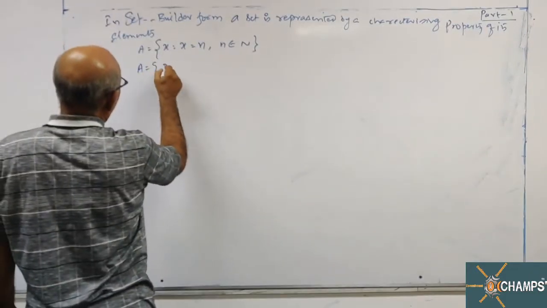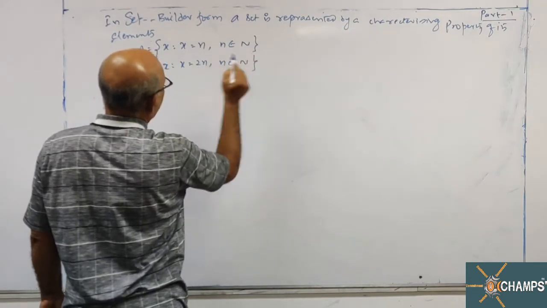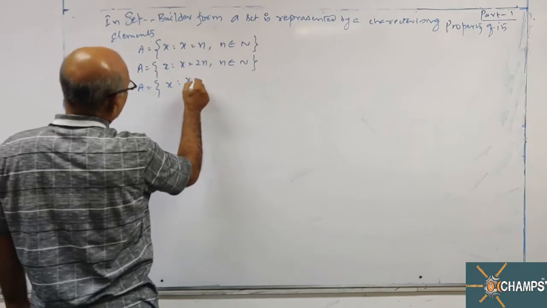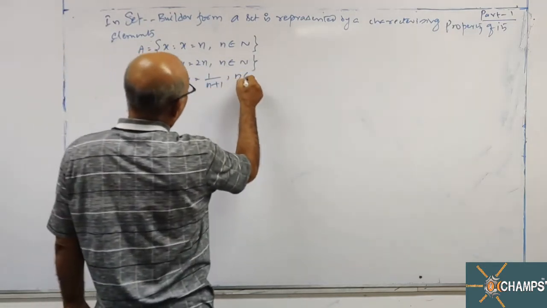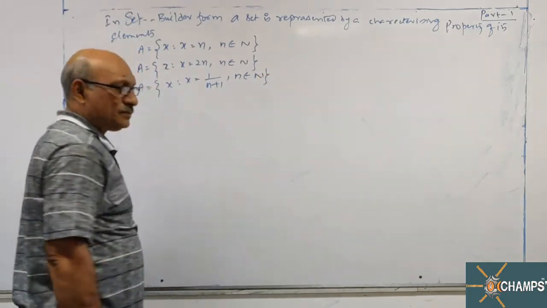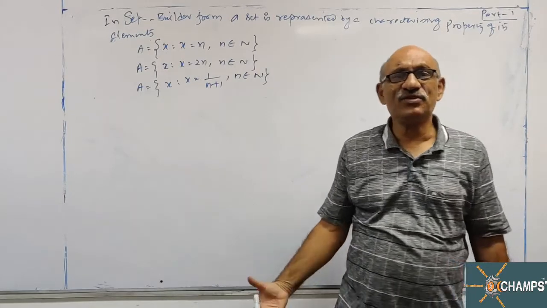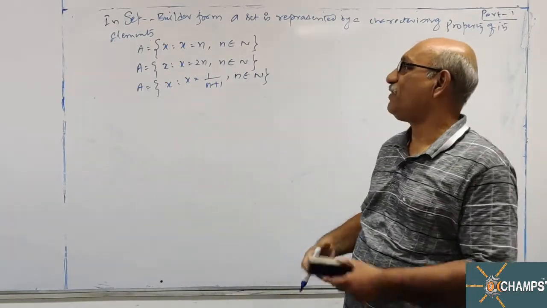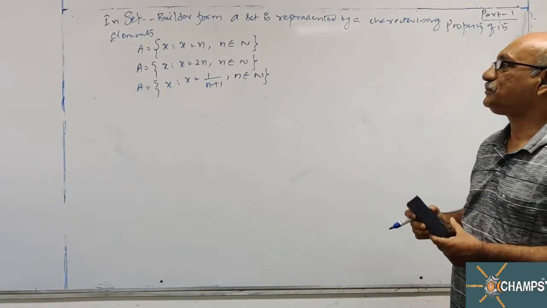A is equal to X such that X is equal to 2n, comma, n belongs to capital N. X is an element such that X is equal to 1 by n plus 1, comma, n belongs to natural numbers. This way, the elements can be automatically generated with this property. This way, when you represent a set, it is called a set builder form.